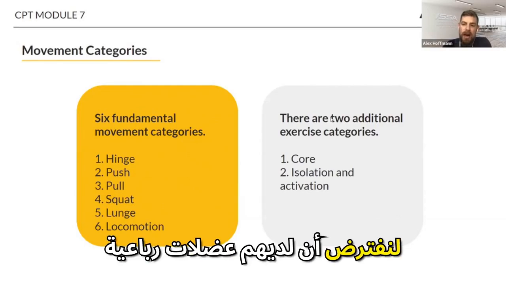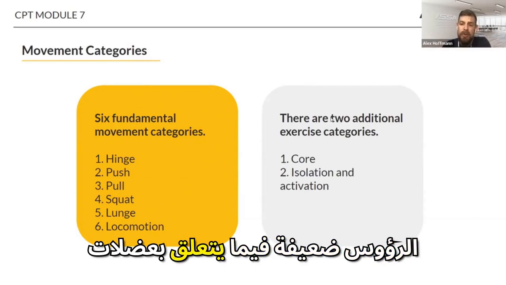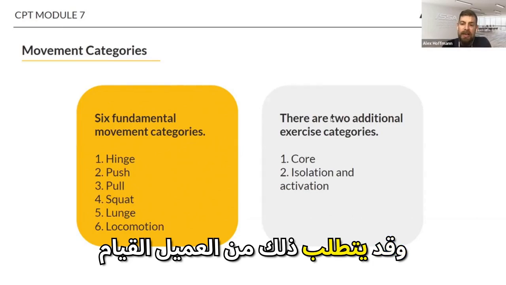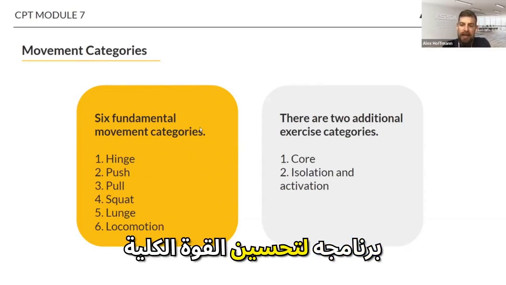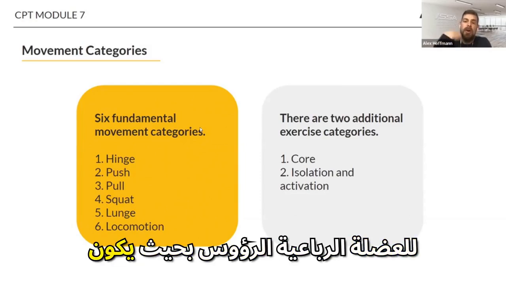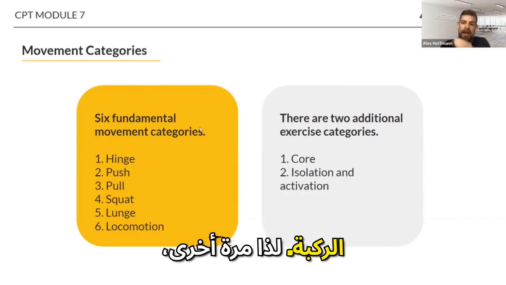So say maybe they have weak quadricep muscles in relation to overly active hamstrings, and that may require the client to do some leg extension exercises in their program to improve overall strength of the quadricep so that it has an appropriate strength ratio to the hamstring.